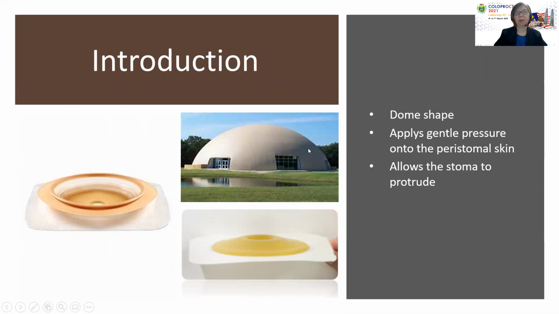The function of it is to apply gentle pressure onto the skin surrounding the stoma. That is what we call the peristoma skin, and this way it allows the stoma to protrude so that the output that comes out from the stoma opening will go into the ostomy pouch directly.